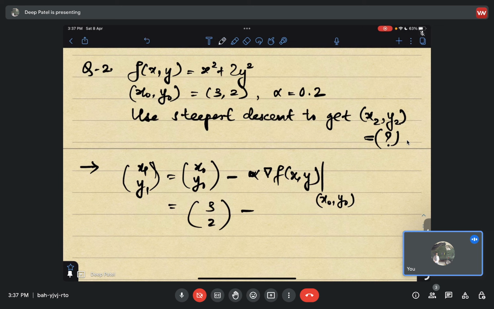Okay. Yes. 0.2 times (6, 8), the gradient 2x, 4y at (3, 2).